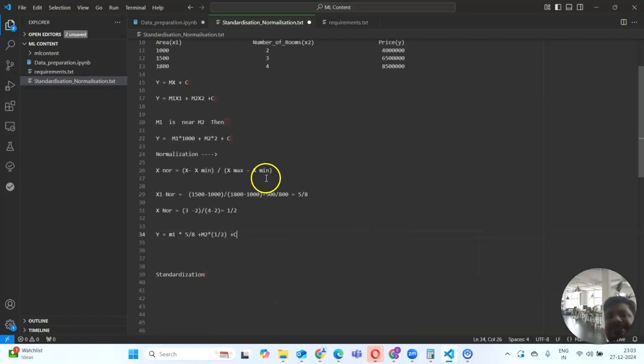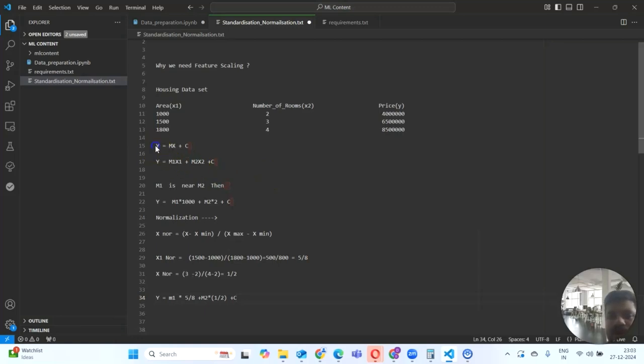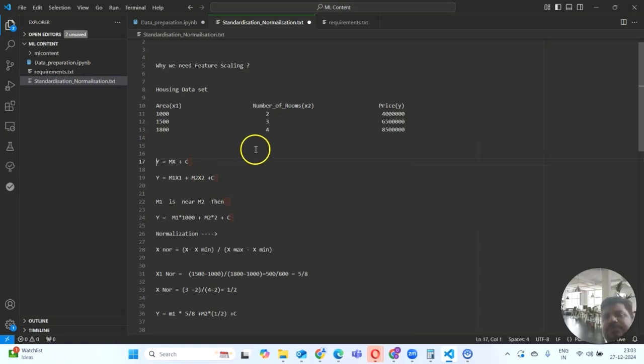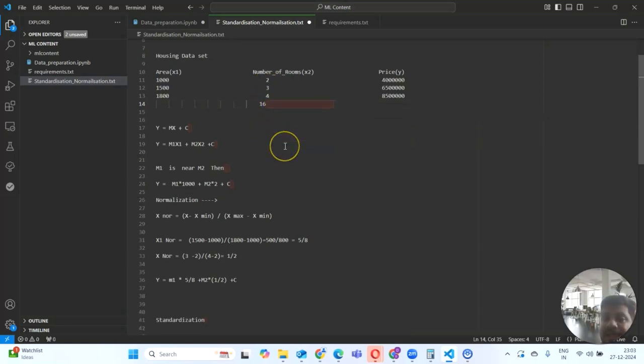Now, let's discuss some of the problems of the normalization technique. There are two problems. The major problem is outliers. What is an outlier? Suppose currently x2 has three values: 2, 3, 4. Now a human mistake happened, and a new value has been put in, 18 or 16. So 16 is basically an outlier. If you put in the 16, what will happen to the normalized value?